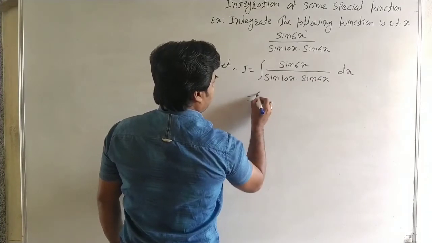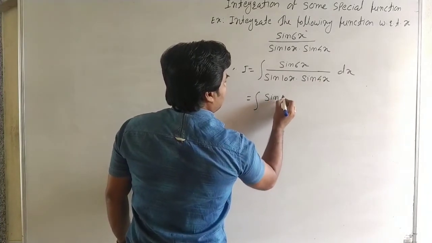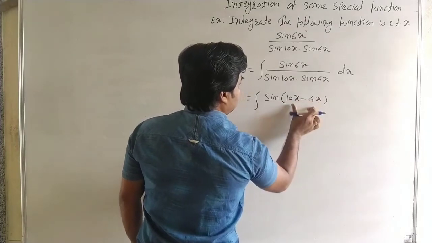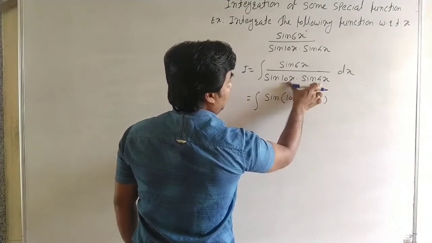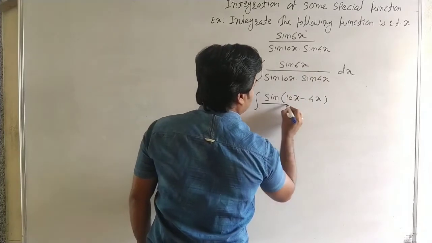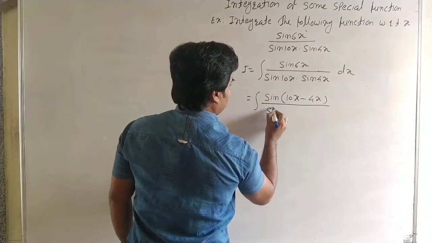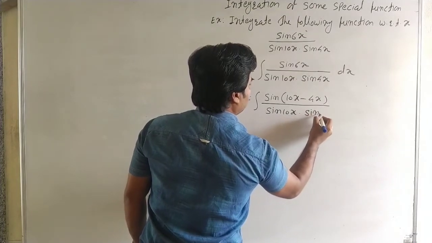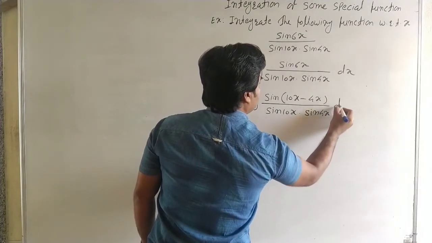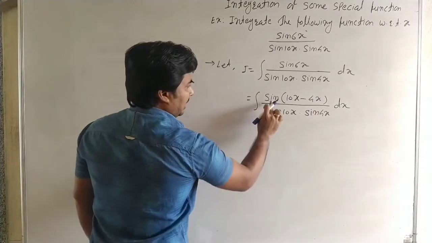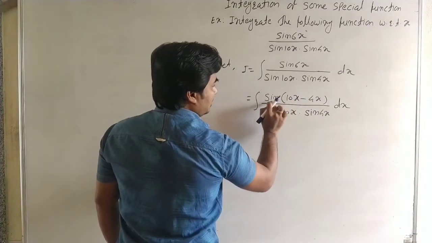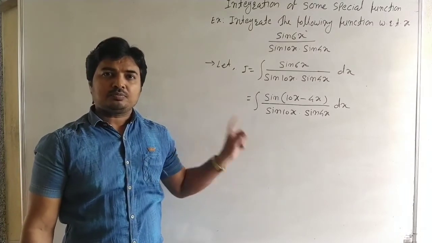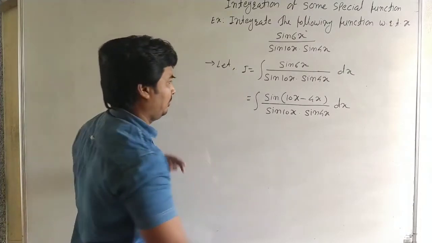See carefully, sin 10x minus 4x, adjust angles in denominator in numerator, upon sin 10x into sin 4x dx. Then here we use the sin a minus b formula, sin a cos b minus cos a sin b.